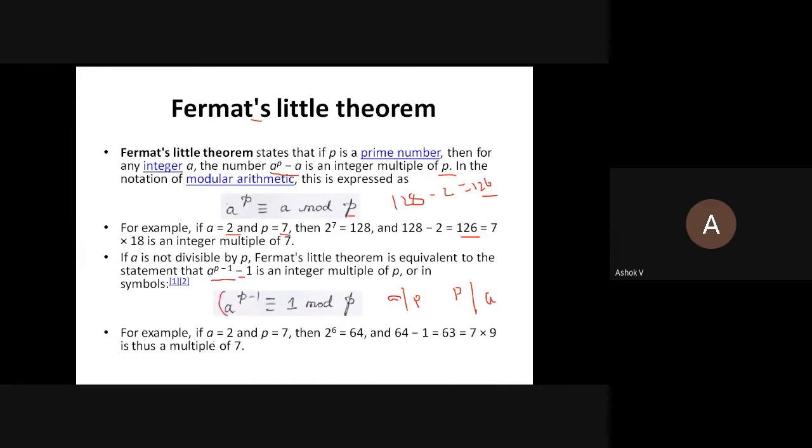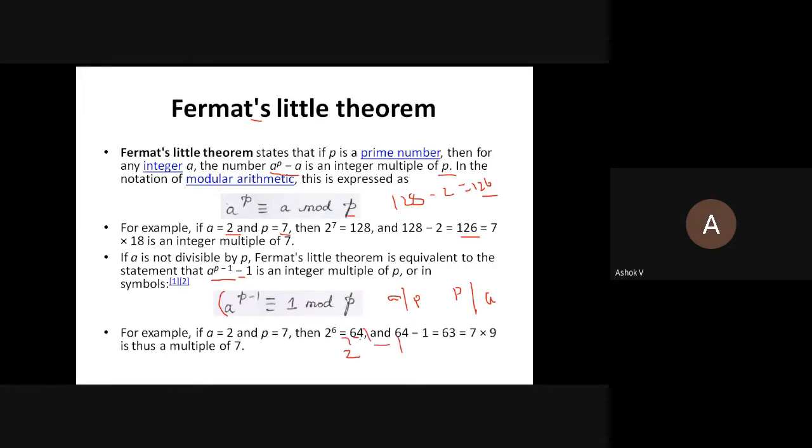For example, again we take the same a and p: a equal to 2, p equal to 7. Here a is not divisible by p. Then a^(p-1) minus 1 is 2^(7-1) minus 1.